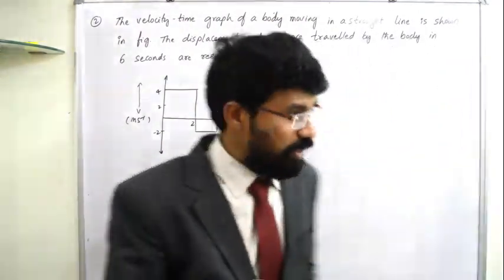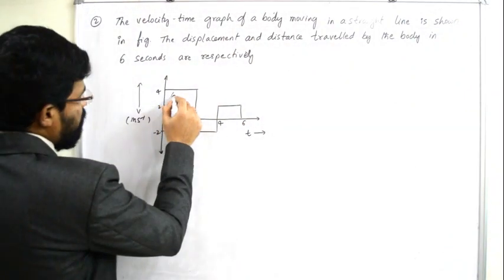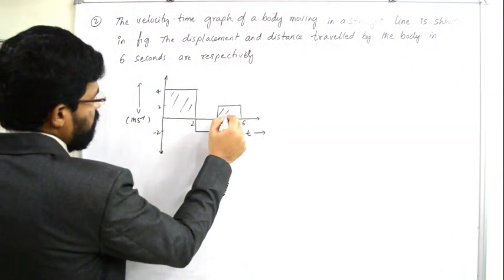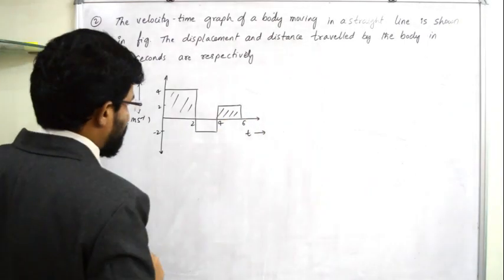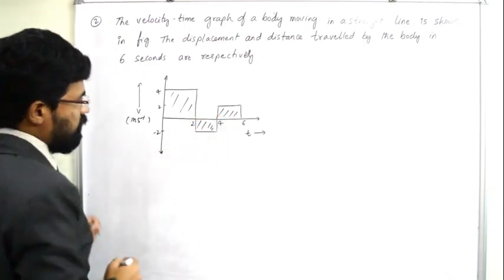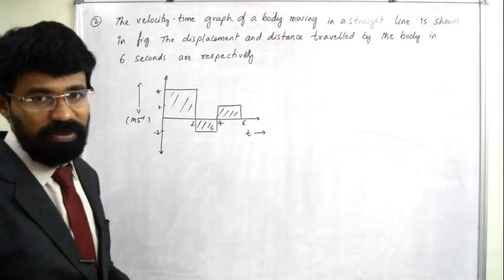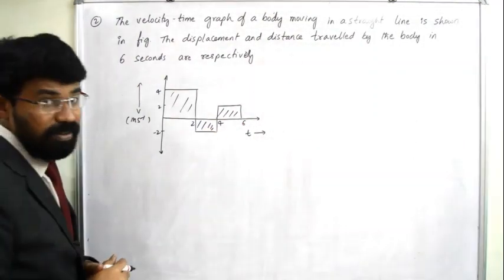Okay, so let us try to find out the area first. Whatever area I will be calculating here and here, those areas will give us positive displacement, and I am going to subtract this area from these two areas, then I will get the total displacement, isn't it? Because this part particularly gives negative displacement.